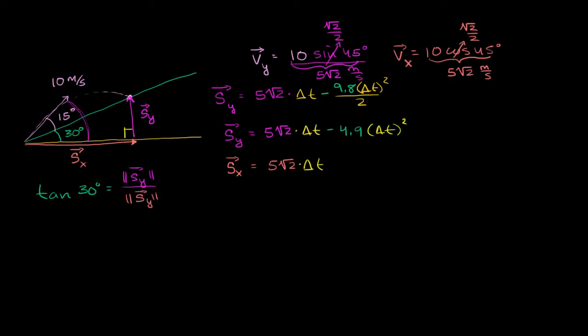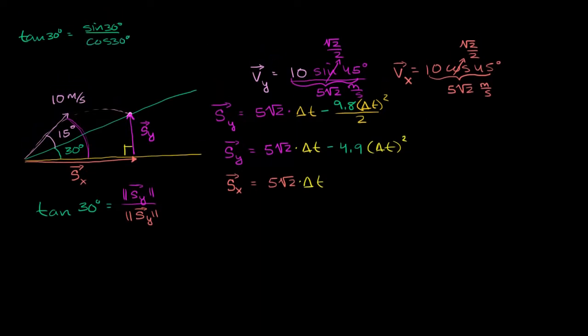And the tangent of 30 degrees is the same thing as the sine of 30 degrees over the cosine of 30 degrees. And the sine of 30 degrees is 1/2.